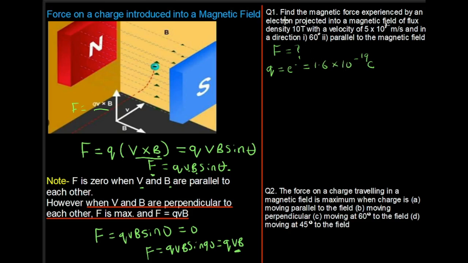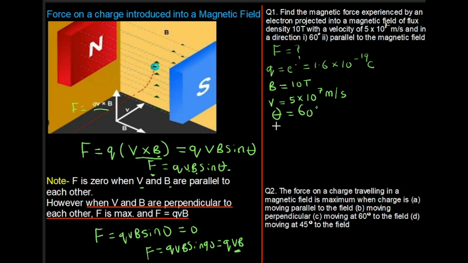They gave us the flux density, or the magnetic field strength, to be 10 Tesla. The velocity is 5 times 10 to the power of 7 meter per second, and in a direction 60 degrees. So for the first part of the question, our direction theta is 60 degrees.